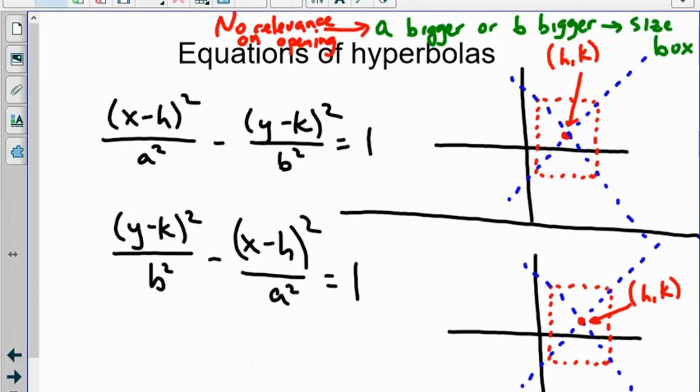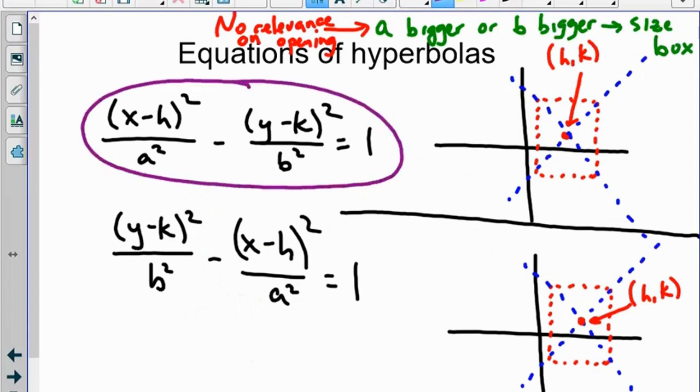So then what does have relevance on where the hyperbola opens? In this situation, since (x minus h) squared over a squared is the positive term when we solve it and it equals 1, that means that our vertices are going to be in the x direction, our focus points are going to be in the x direction, and our hyperbola opens in the x direction.